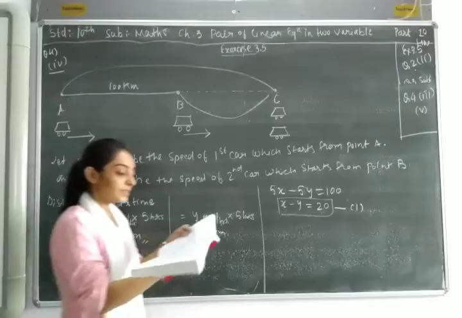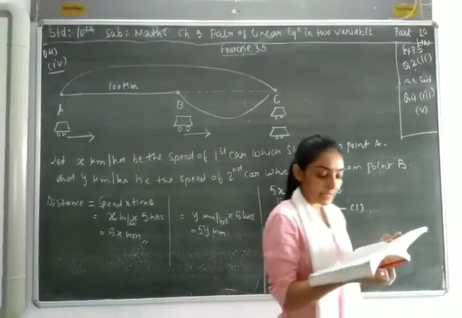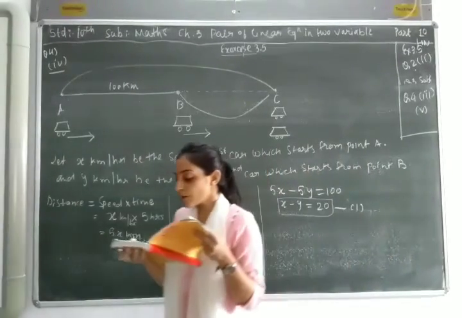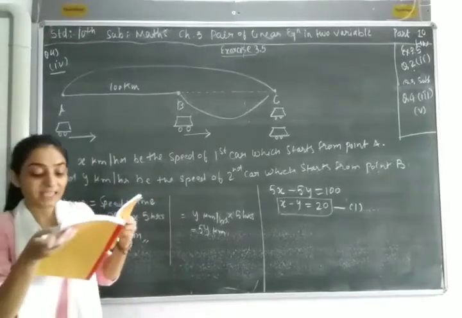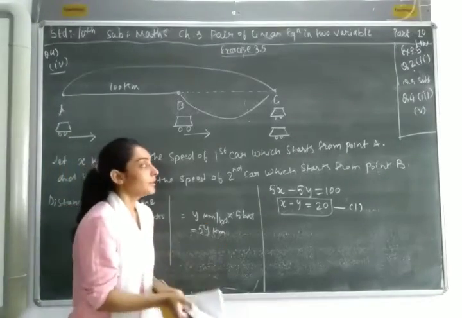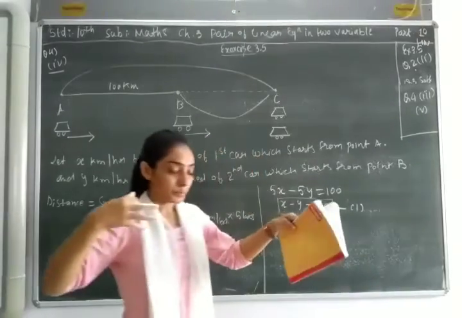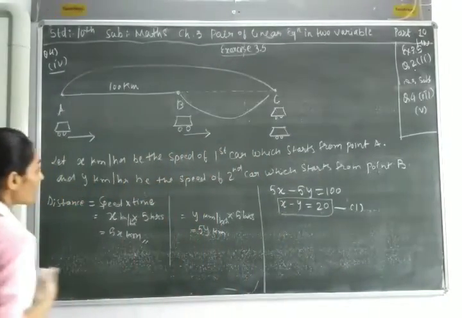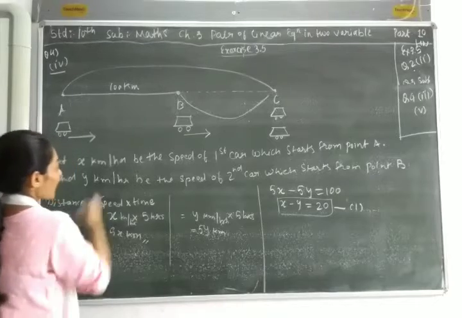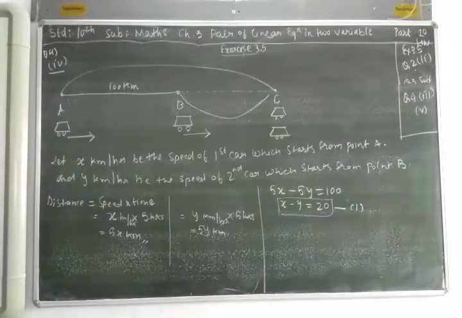Now the second statement says, if they travel towards each other, they meet in 1 hour. Now the cars travel towards each other, in opposite directions. So let me use another chalk.